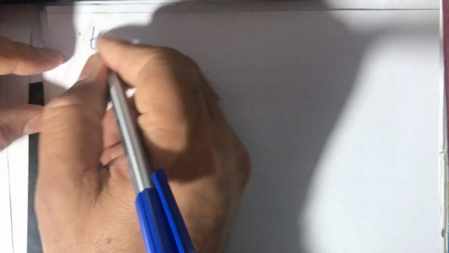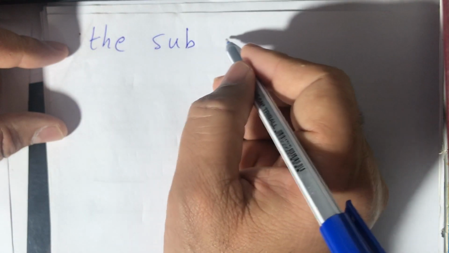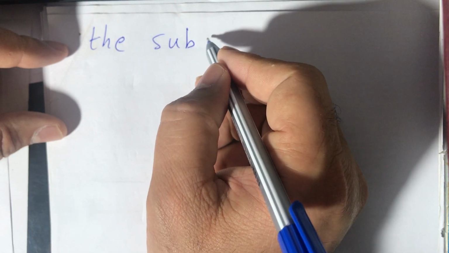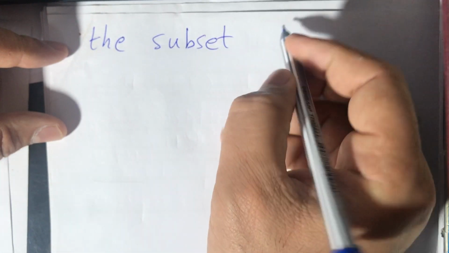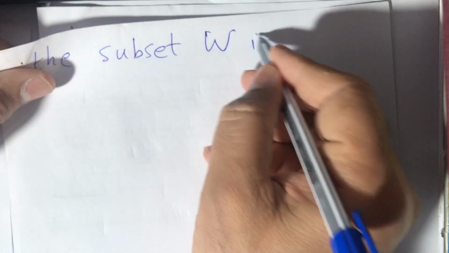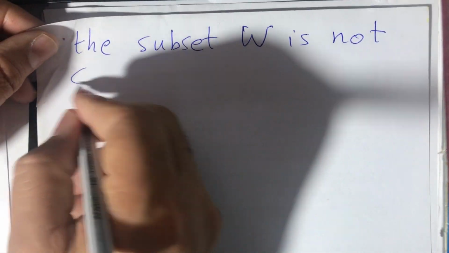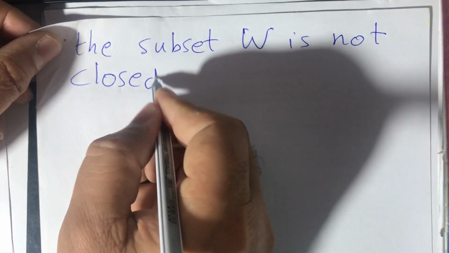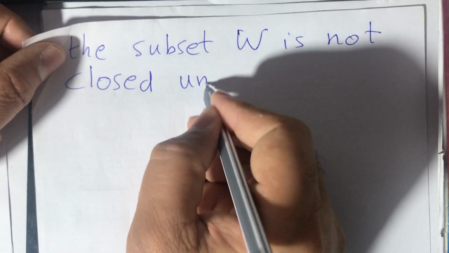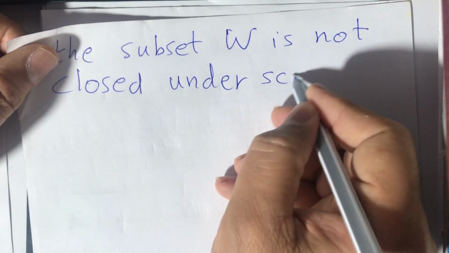And this we call the subset W is not closed under scalar multiplication.